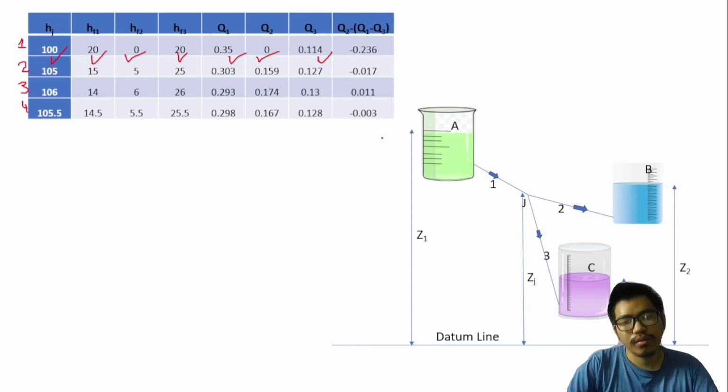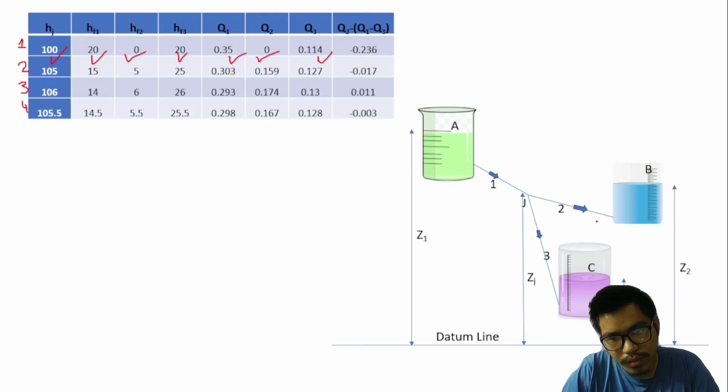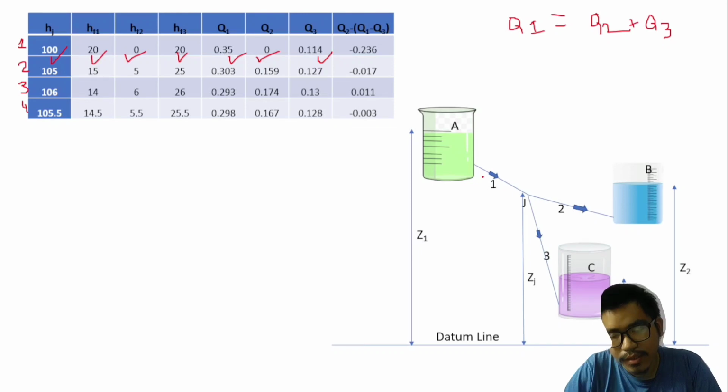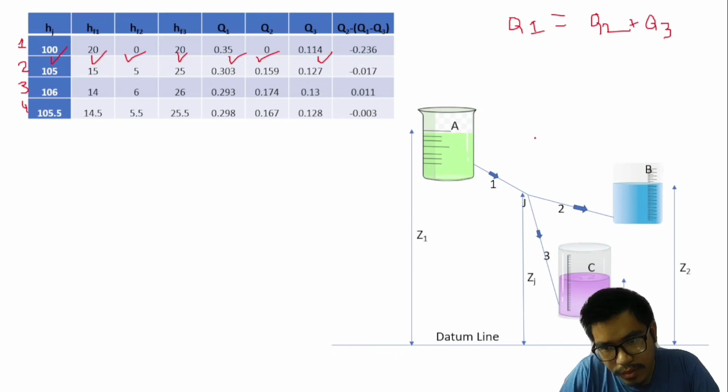From the previous slide we have written Q1 equals Q2 plus Q3 by the conservation of mass, and density is constant for water. So Q1 equals Q2 plus Q3.